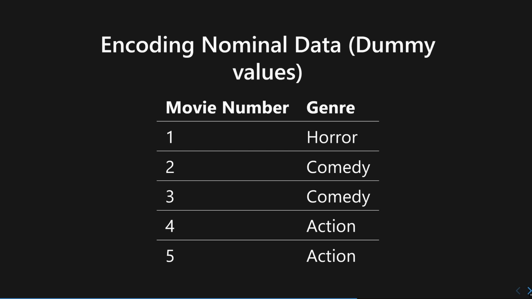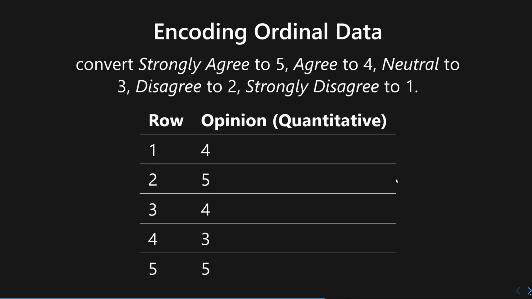For example, if you replace horror with 1, comedy with 2, action with 3, and so on, you can do that, but it doesn't really make sense because 0 and 1 don't have any inherent meaning. If you assign 0 to horror and 1 to comedy, horror and comedy aren't really close to each other. There's no ordering in between them. That makes sense. So you cannot use the same encoding that you do right here.